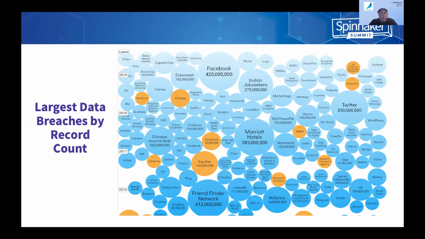MySpace, you can see them right here for the different types of vulnerabilities that were utilized to hack into the system. Equifax, and the 2017 Struts 2 vulnerability that was leveraged to breach data within Equifax and gather social security numbers, et cetera, is shown here. So it gives you an idea about the magnitude of the issue.